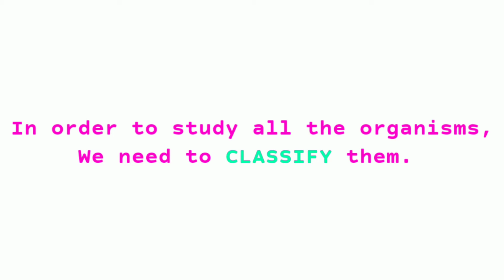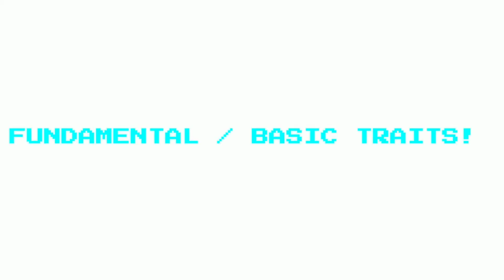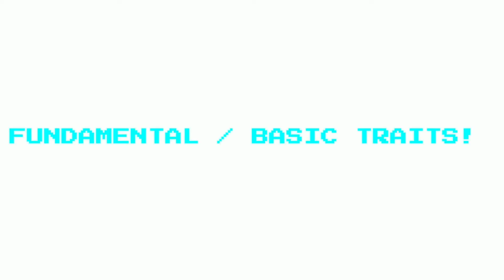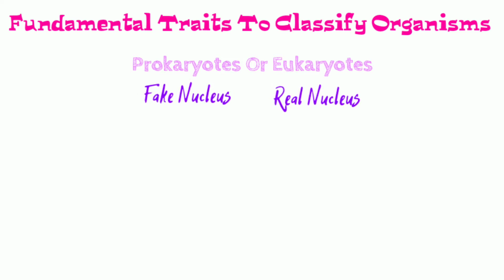And how will we classify them? Well, we'll look for some really fundamental traits, and then we will put them into different groups. There are a couple of fundamental characteristics that we can look at while classifying species. We can see whether they are prokaryotes or eukaryotes. Now if you don't know what that means, prokaryotes are organisms which don't have a real nucleus.